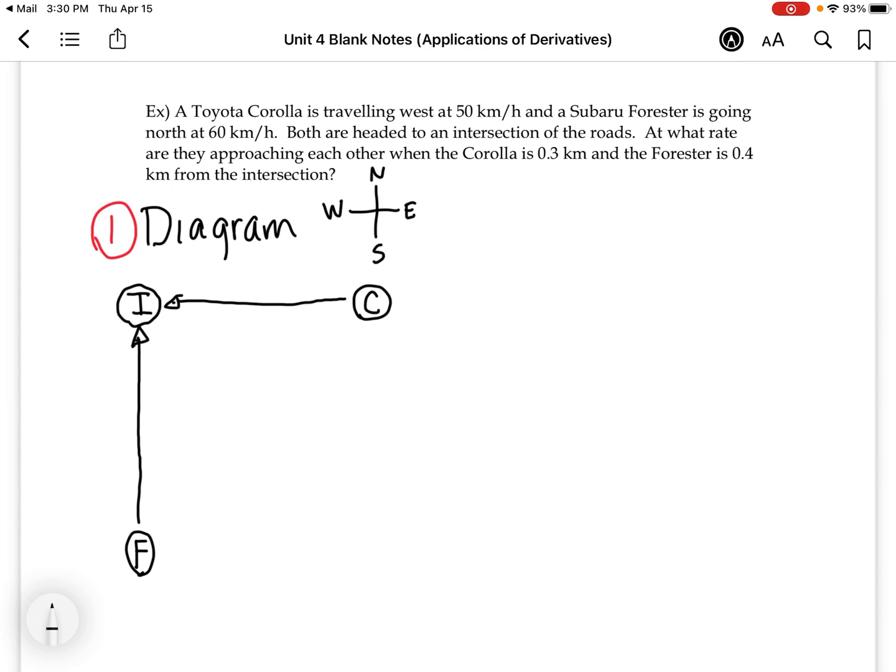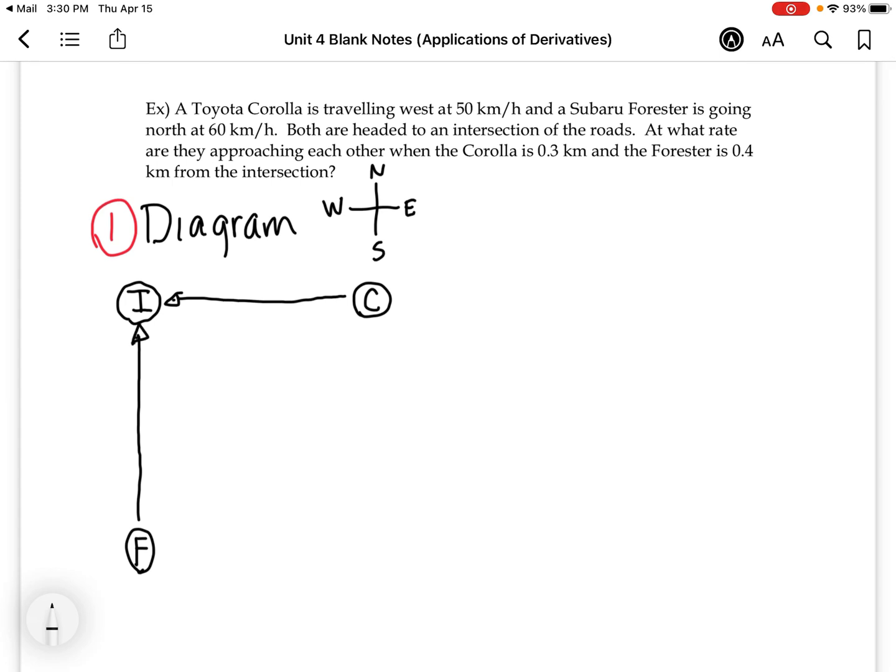And we want to know about the rate that they're approaching each other, which is about how fast they are getting closer together. So we're interested in the rate of the distance between them.